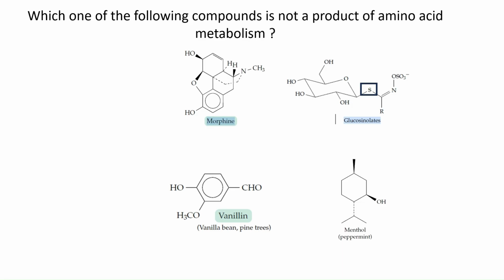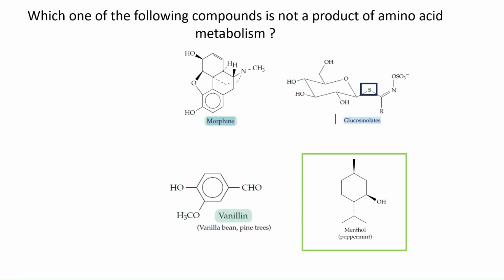Now, as we just studied, out of all four, the first three, that is morphine, glucosinolates, and vanillin, are made of one or another amino acids. But the fourth compound, menthol, is made of acetyl CoA molecules. So, in this case, the answer will be menthol or terpenes in general.